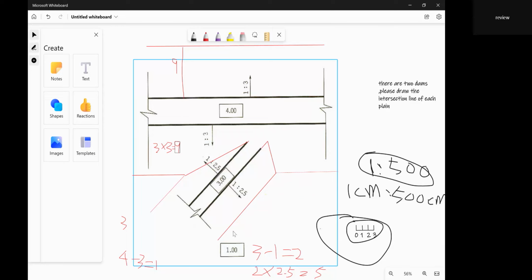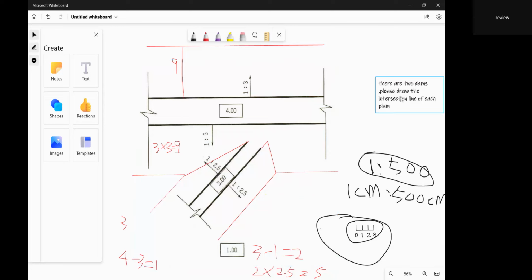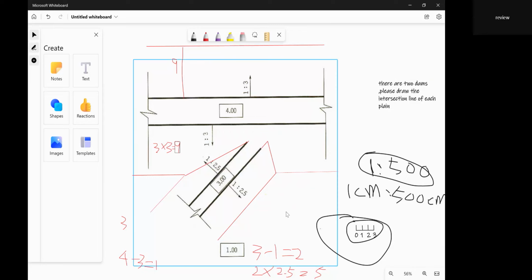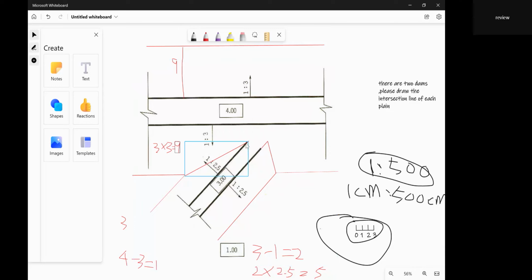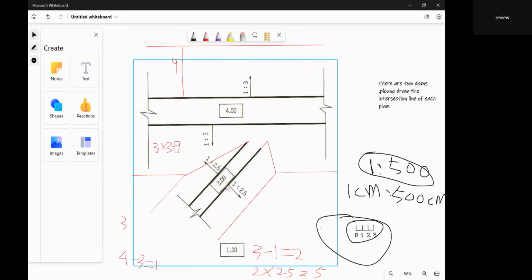Now we are going to find the intersection line of each plane. So how many planes? At the two sides of the small dam there are two planes, and as for the big dam, there are two as well.